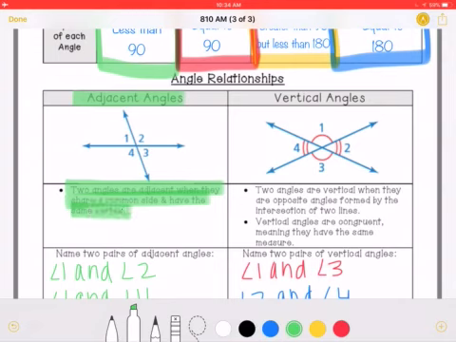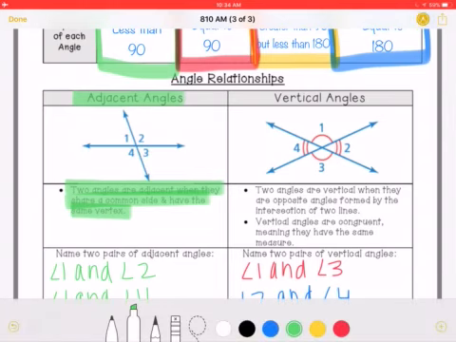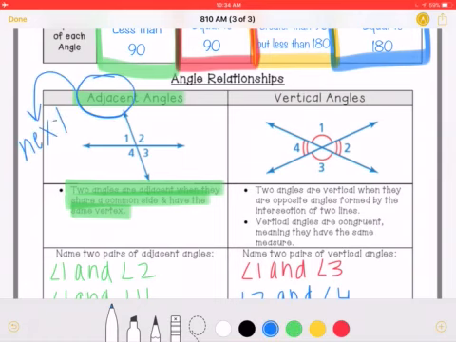So angles 1 and 2 are adjacent to one another. Angle 1 is also adjacent to angle 4. Adjacent means that they are next to each other. So when I think adjacent, I want to think next to it. Okay? Again, they share a common side and they have the same vertex.